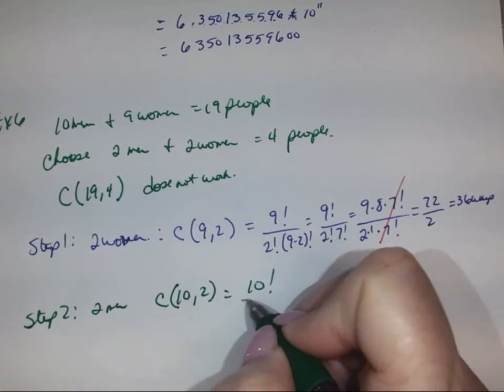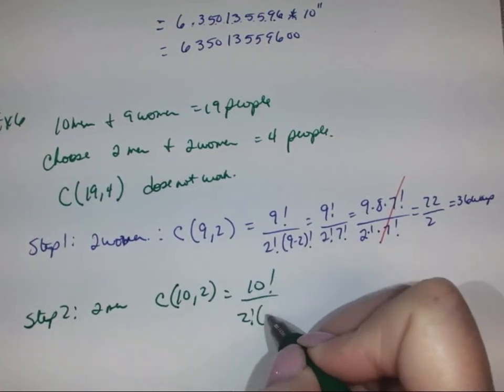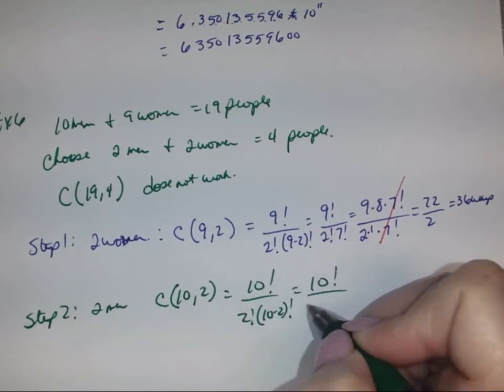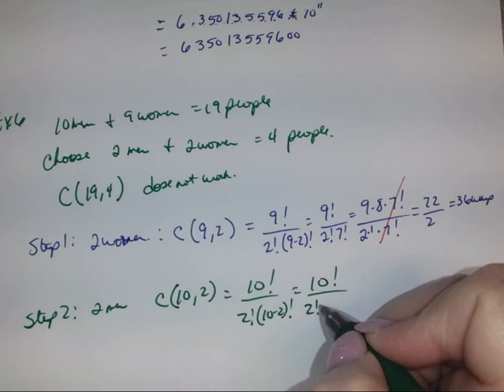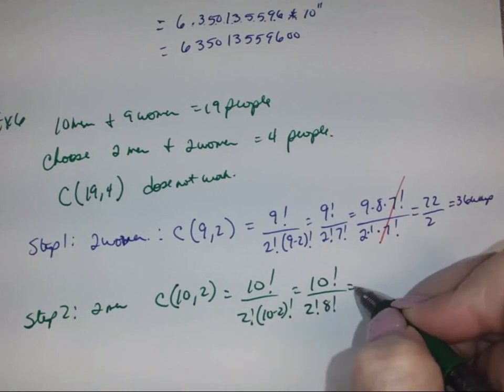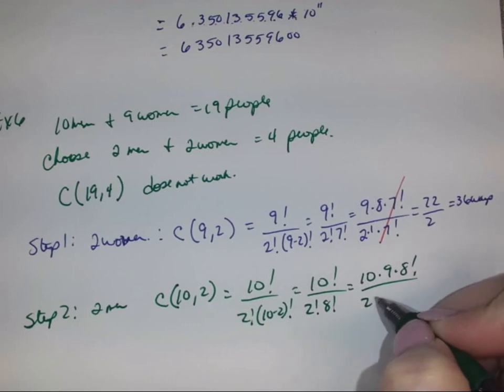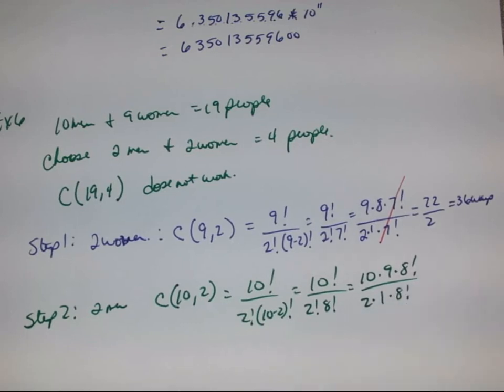So that'll be 10 factorial over 2 factorial times 10 minus 2 factorial, which is 10 factorial over 2 factorial times 8 factorial, which is 10 times 9 times 8 factorial over 2 times 1 times 8 factorial. So 10 times 9 is 90. 2 times 1 is 2, which will get you 45 ways.